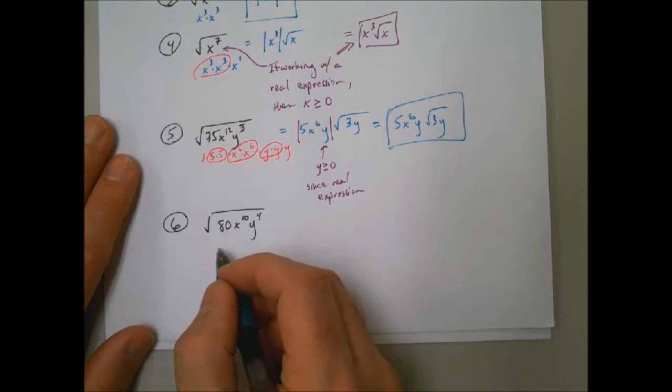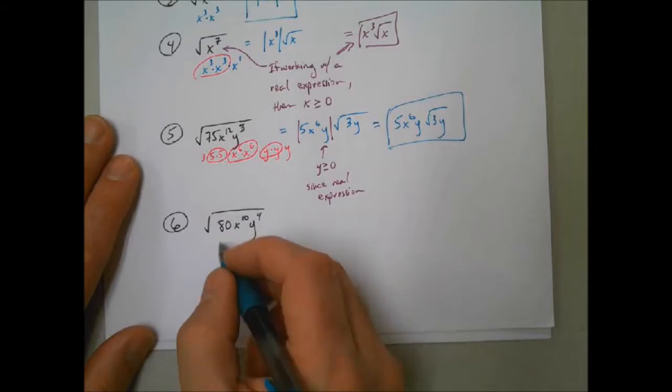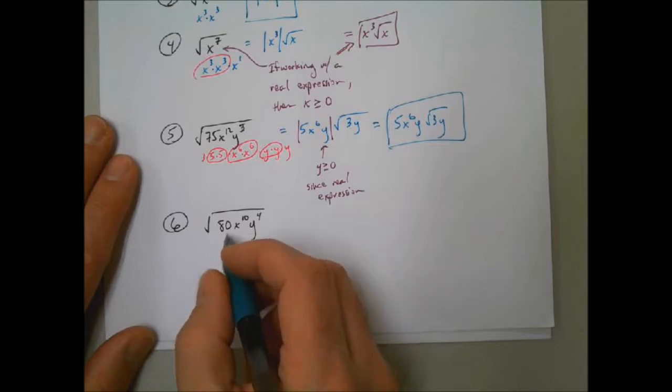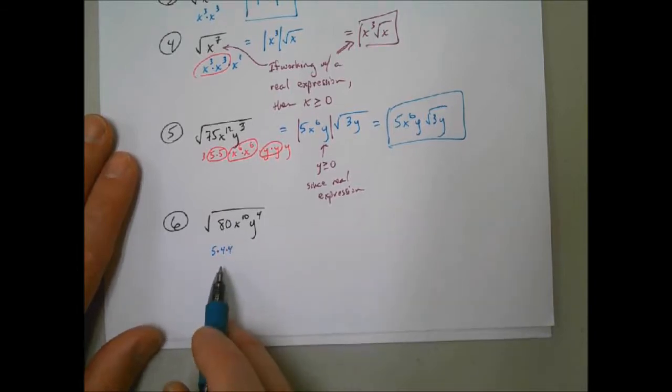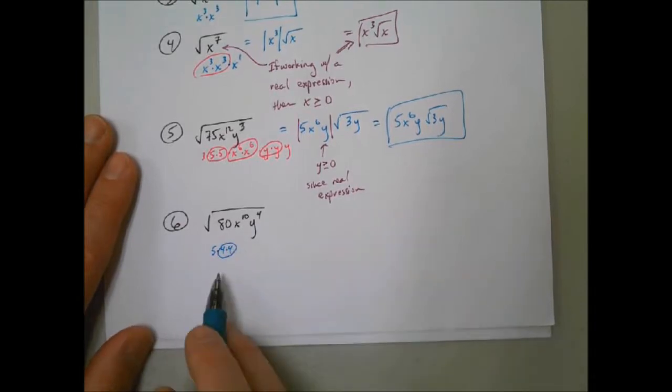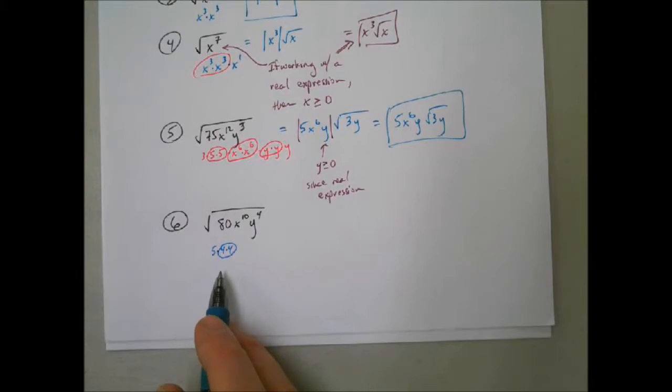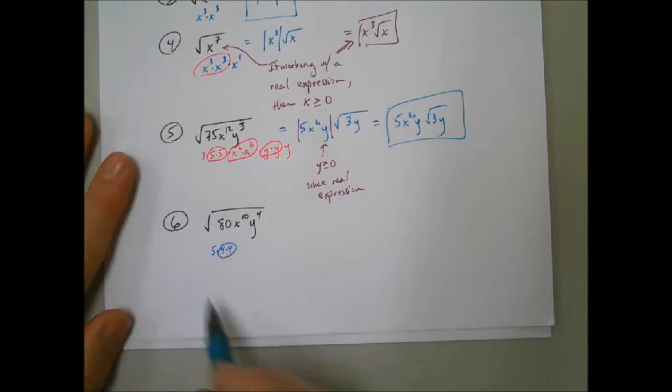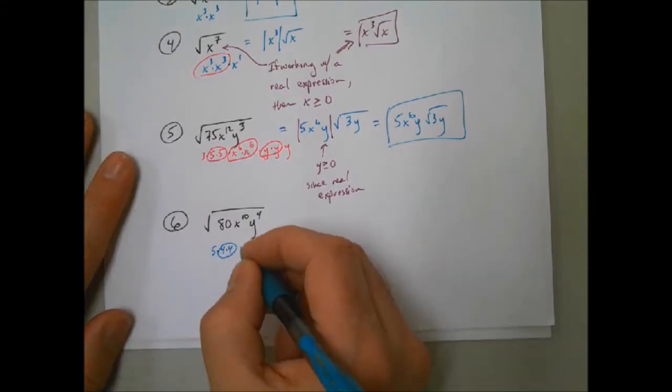Okay, so 80. Now you could break it all the way down to a bunch of 2's and then a 5. But something else you can notice, if you do the 5 first, you got 5 times 16, and 16 is 4 times 4. So obviously you could break down the 4's into 2's, but if you got a pair, you don't have to keep on going. So the 80 part is going to be 4 root 5.